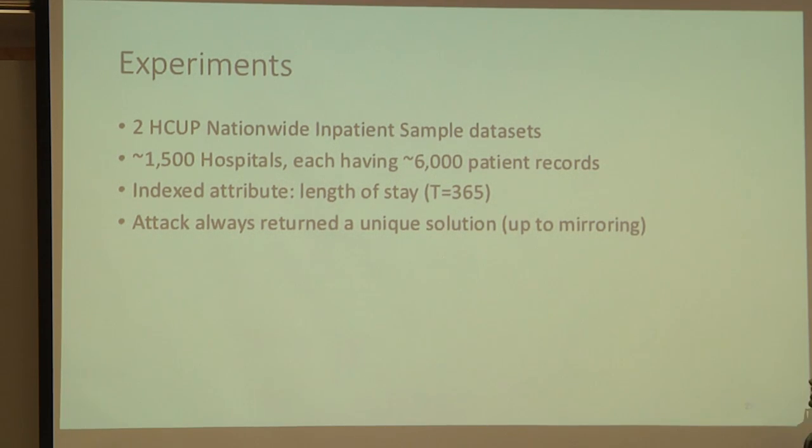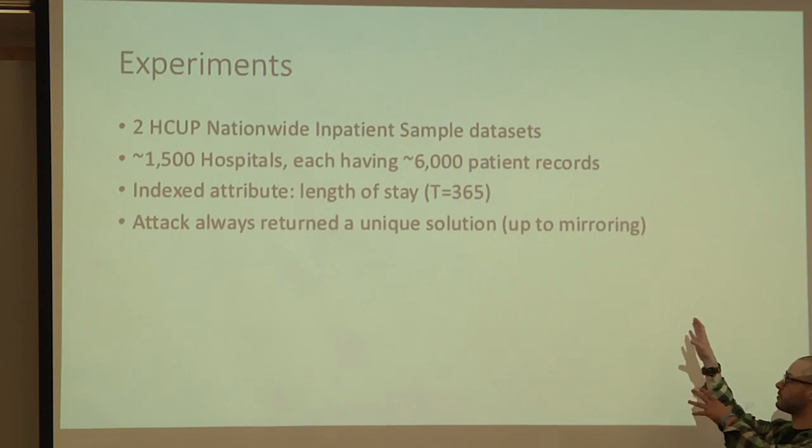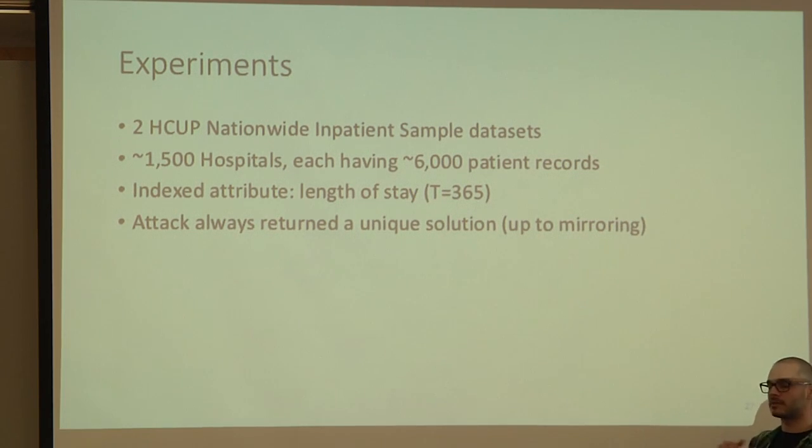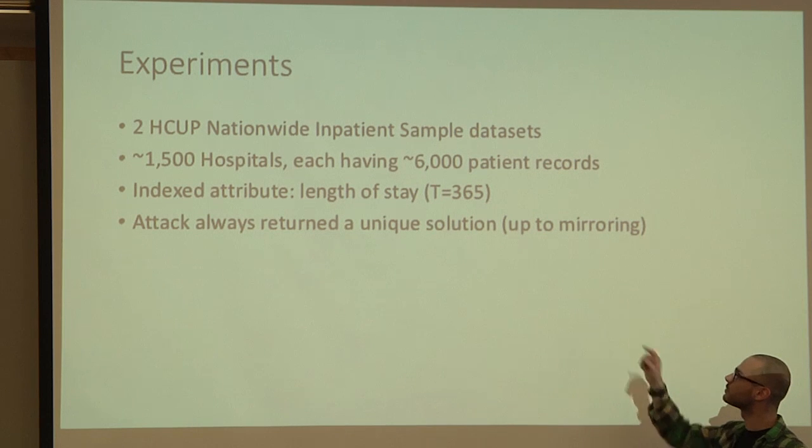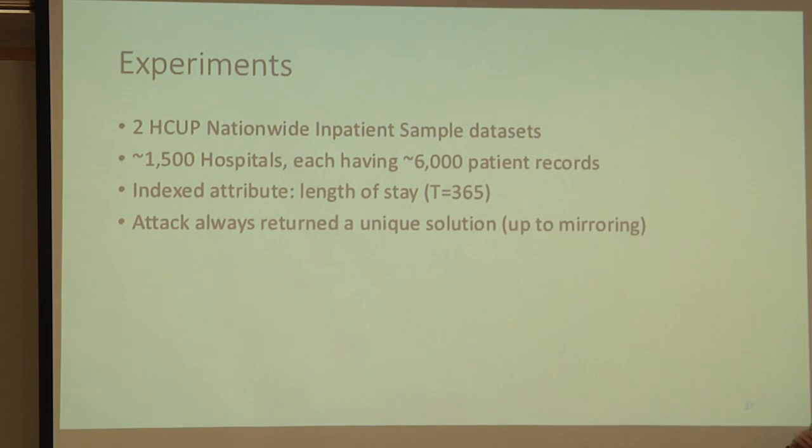We assume that each data set has these patient records, and the index attribute on which we ask range queries is the length of stay in the hospital, which has a domain size of 365, which is 1 year maximum. By assuming uniform queries, we ran our attack, and we saw that for all 1,500 data sets, we always had a unique solution. So our intuition is probably true that we will get unique solutions.